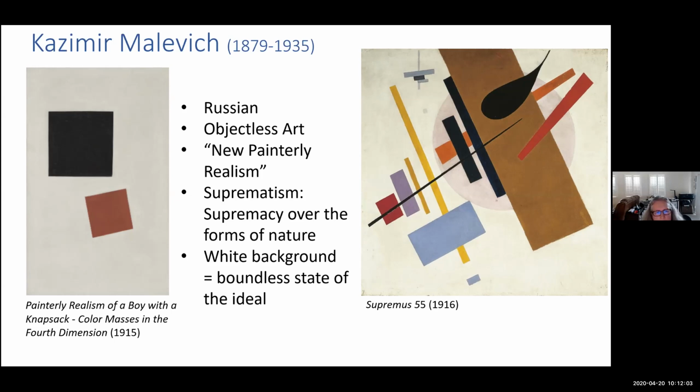So as you can see by these two works, we have white fields with geometric fields of color in front of this white field. So on the left, we have two floating squares, unmodulated tone. Again, we have this black square and this brown floating square that's at an angle.